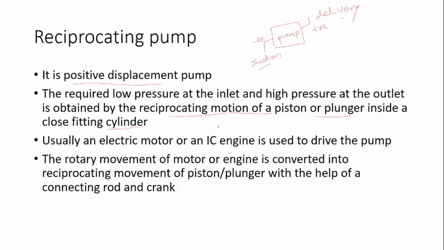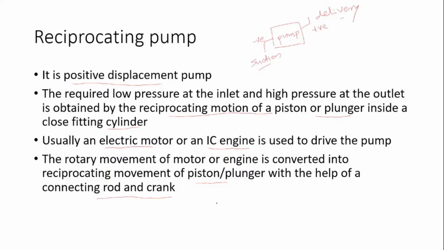This movement of the piston is done with the help of an electric motor or an internal combustion engine. The rotary movement of the motor or engine is converted into the reciprocating movement of the piston or plunger with the help of a connecting rod and crank.